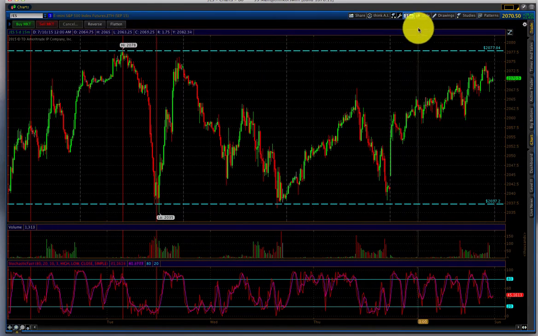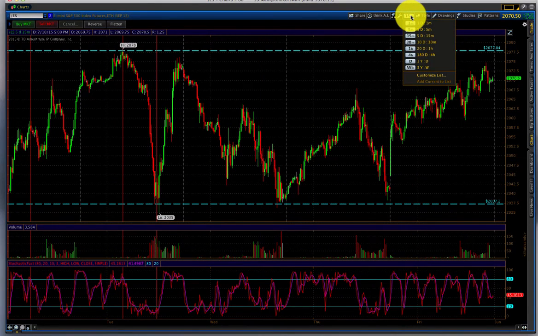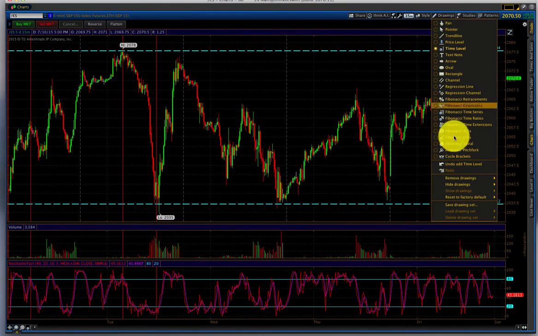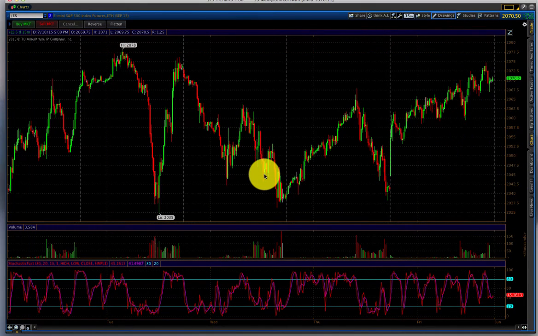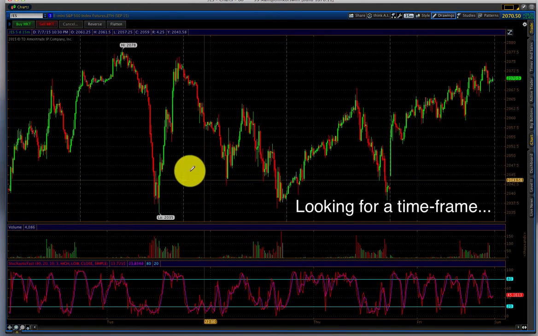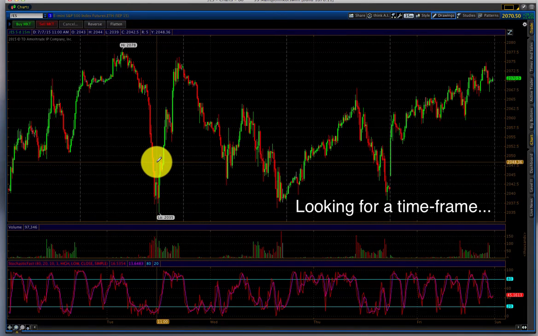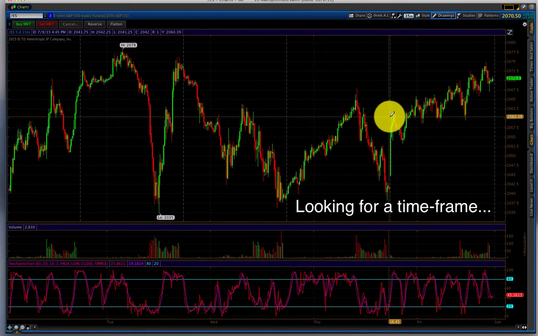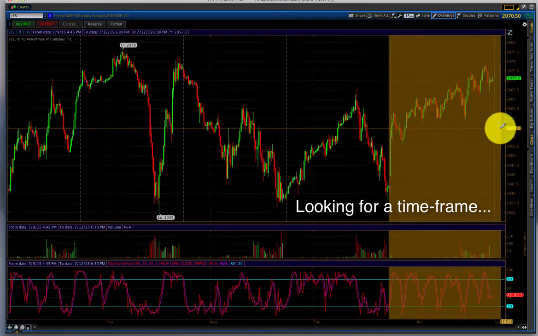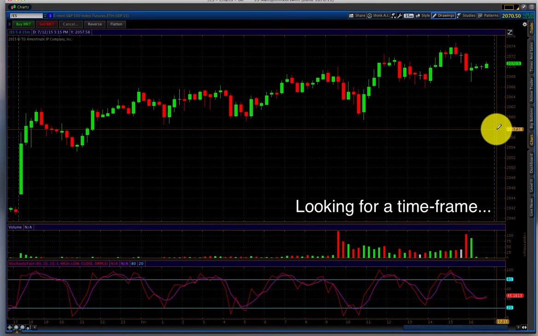Let me pull those drawings out. All right. So let's look at Friday and see how tradable Friday would be on a 15-minute chart with signals.